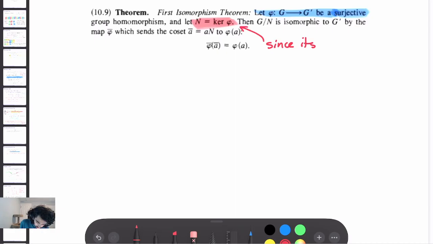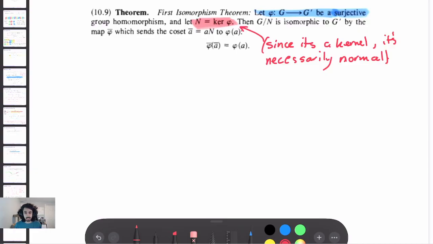Since it's a kernel, it's necessarily normal. This is an important piece that isn't being said, but again was shown to us two weeks ago by Ren. So because it's normal, we can talk about the quotient group G mod N, and it says that in fact G mod N is isomorphic to the target.